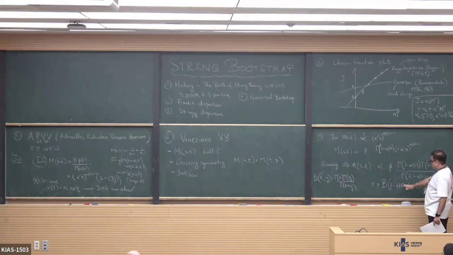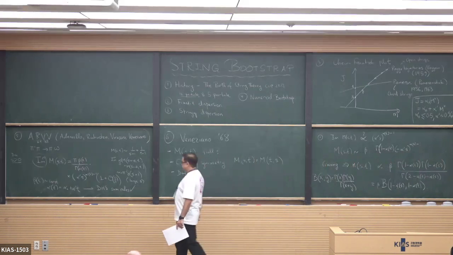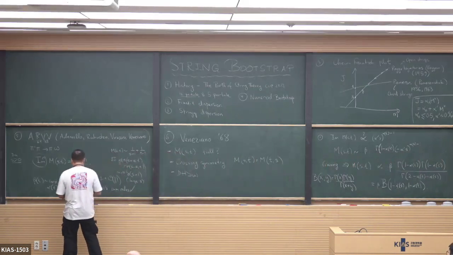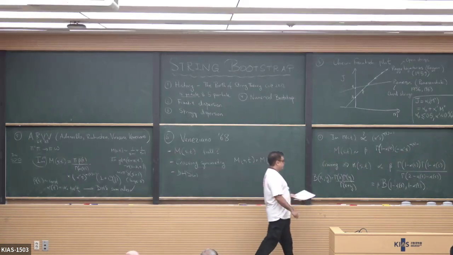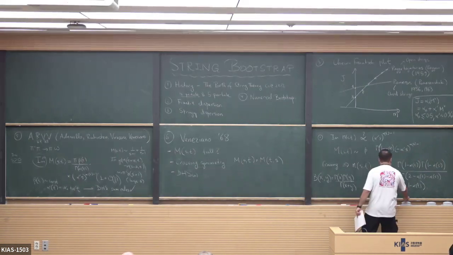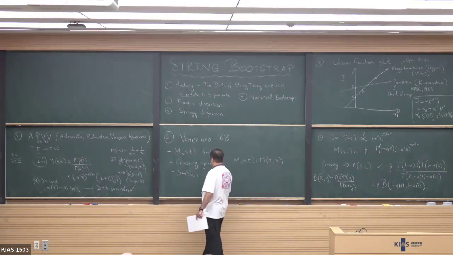I'll talk about various limits in a bit, but at this point, s becomes very large for a fixed t. That is what I mean by a high energy limit. It'll have all the requisite properties. So this was the Veneziano amplitude. And this became famous almost overnight, literally.